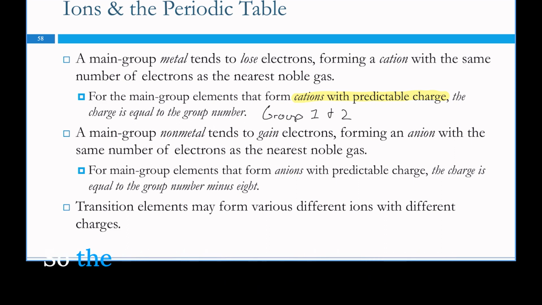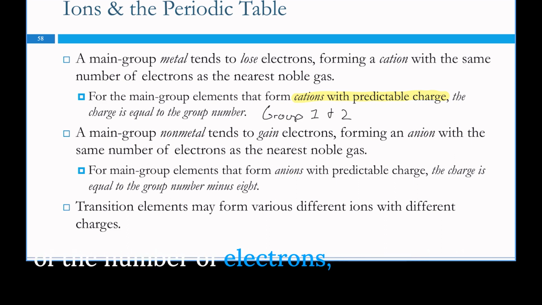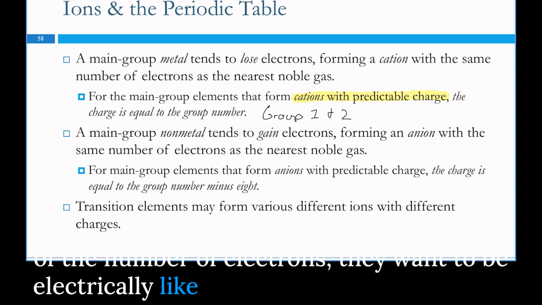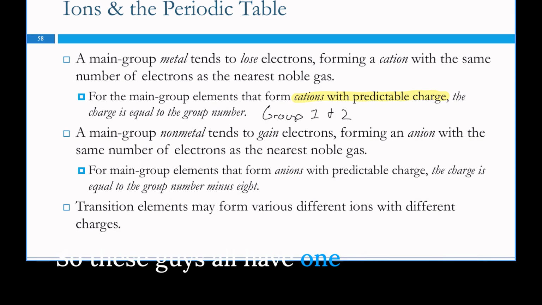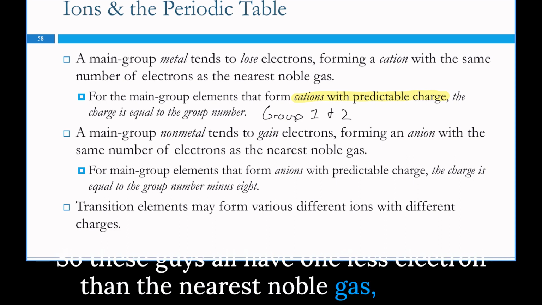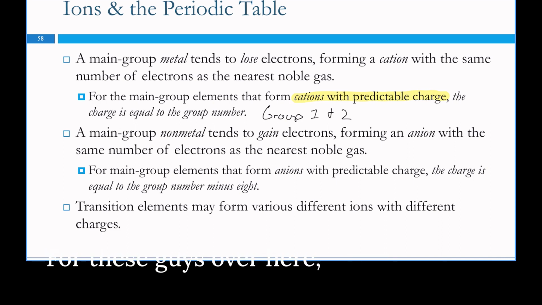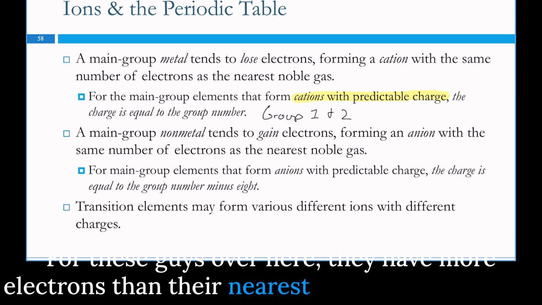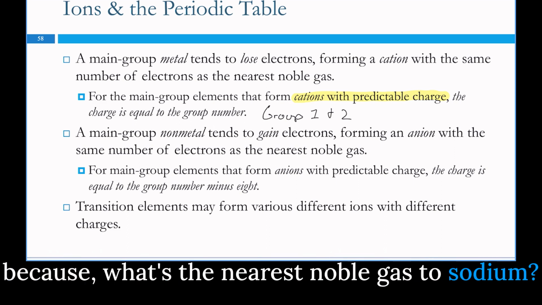So the fluorine, chlorine, bromine, iodine, they all want to be electrically, in terms of the number of electrons, like group 18 or the noble gases. So these guys all have 1 less electron than the nearest noble gas, so they want to gain 1 more electron. For these guys over here, they have more electrons than their nearest noble gas, and that's because, what's the nearest noble gas to sodium?